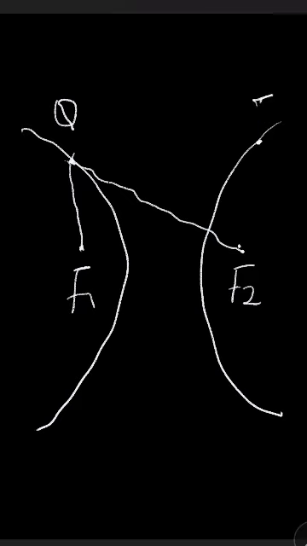If I call this point T, from T to F1, that is the further point first, and from T to F2, it is also constant. The difference in the distance from Q to F1 and Q to F2 is the same as from T to F1 and T to F2. Can you see this diagram?